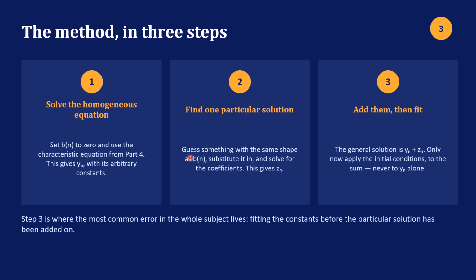So I'll give you a chart or a table for what to guess based on what b of n is. So that'll be helpful. And the table is fairly comprehensive. It covers a lot of different cases. Then we add the 2 together. That's the general solution. Only now apply the initial conditions to the sum, never to just the y sub n. Okay, and actually I have two examples, so we'll see this.